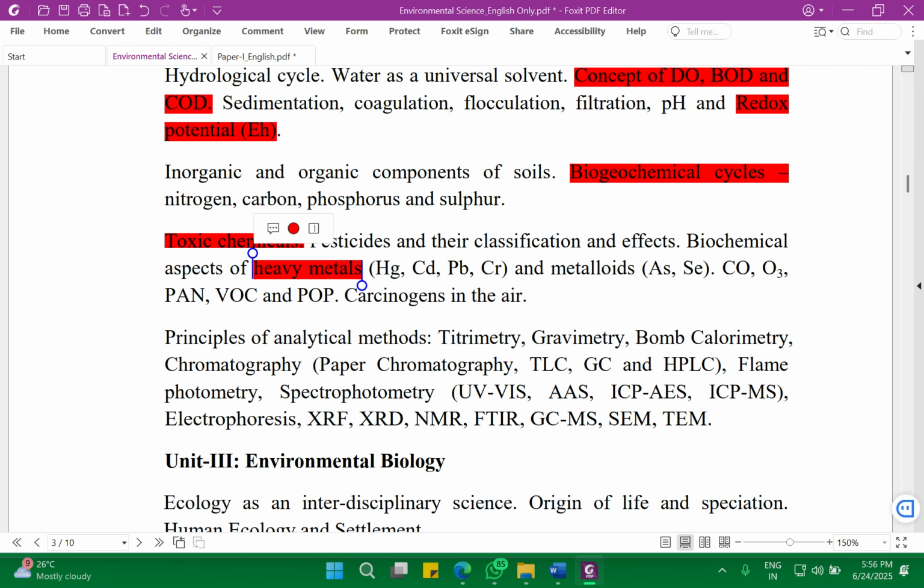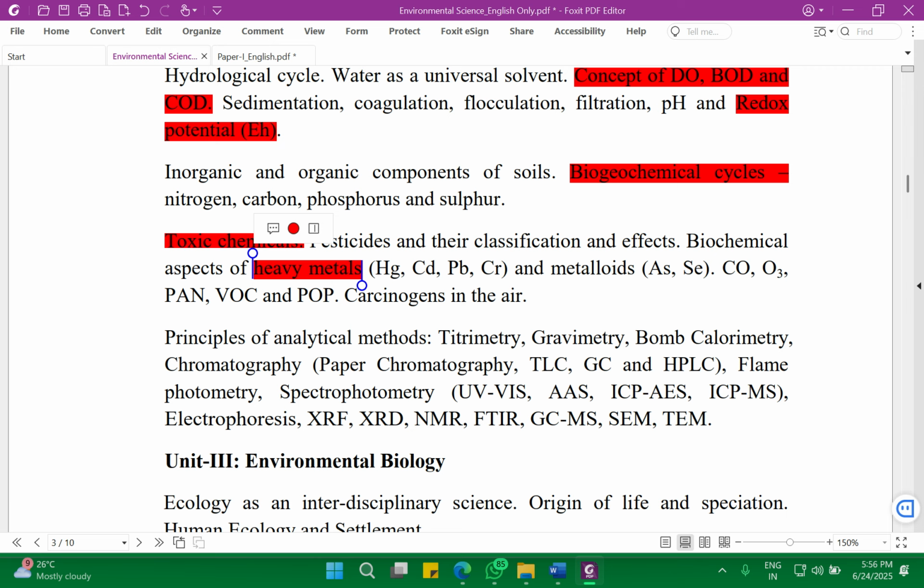So they may ask Minamata disease is due to which metal? It is due to mercury. Itai-itai disease is due to cadmium. Arsenicosis disease is due to arsenic. Then black lung disease is due to coal. Mostly the people who are working in mines used to have this black lung disease.